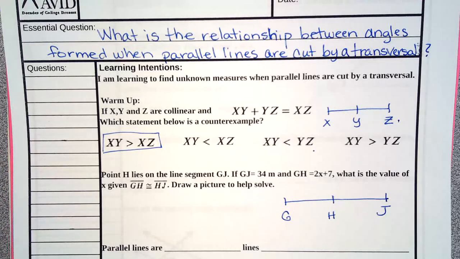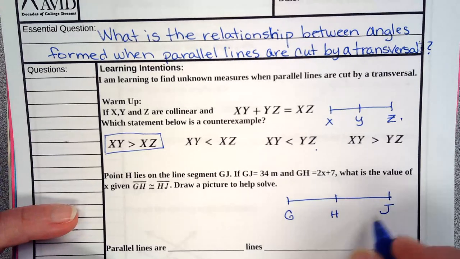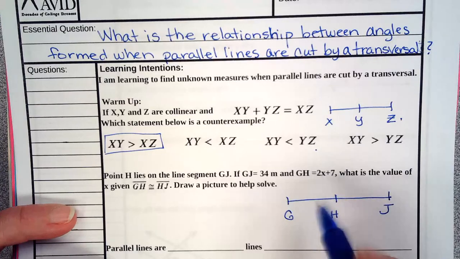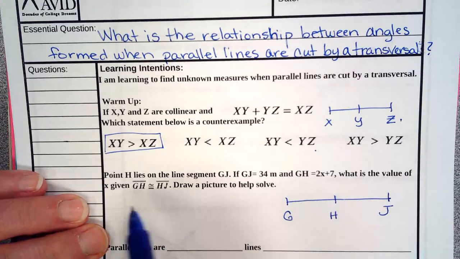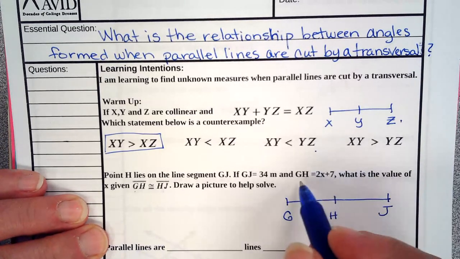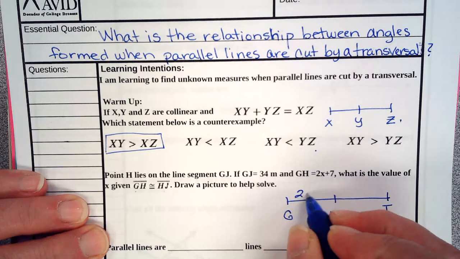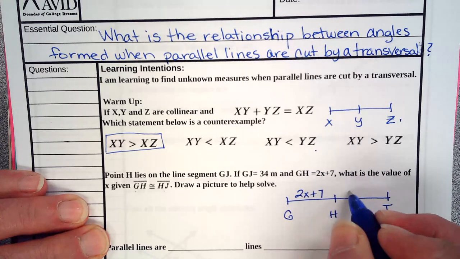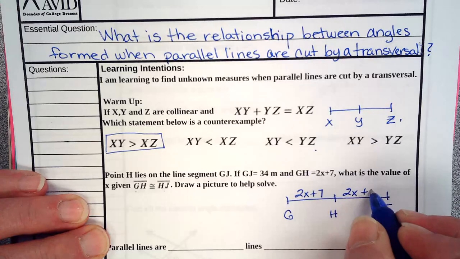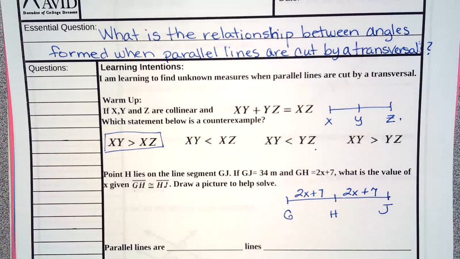Okay, so the first thing we do know is this whole thing is 34. We know that GH and HJ are congruent. So 2x plus 7 is what both of those are.